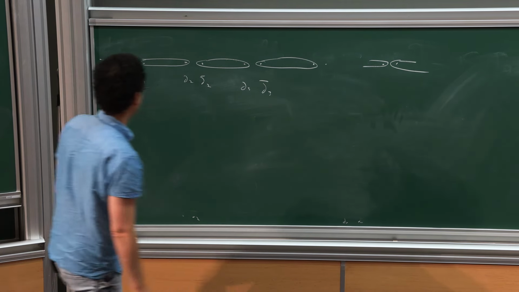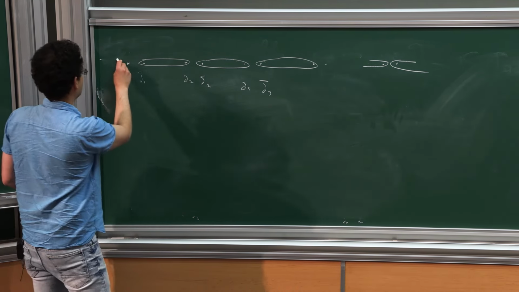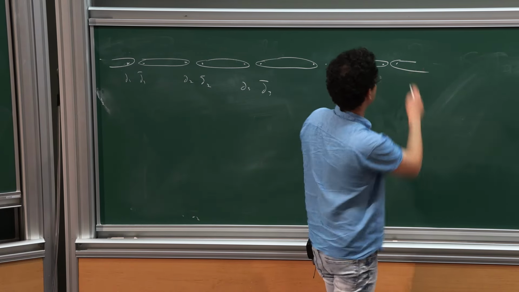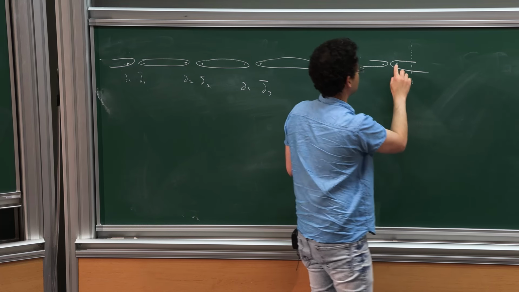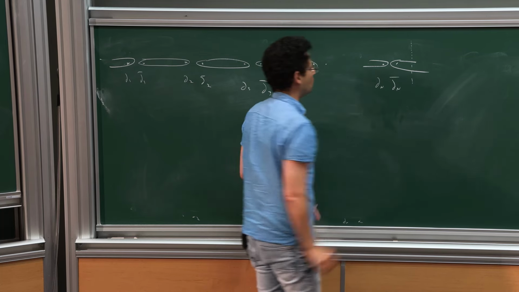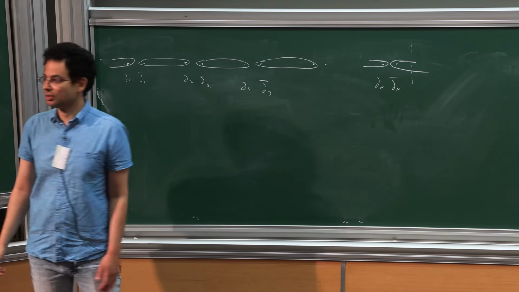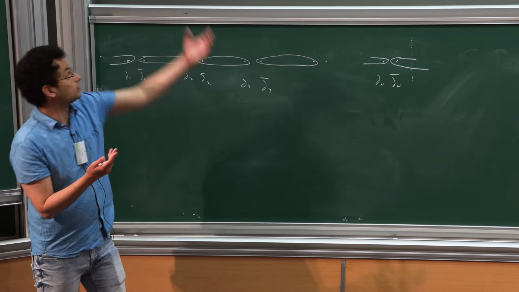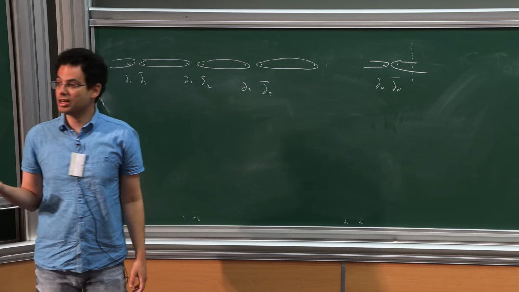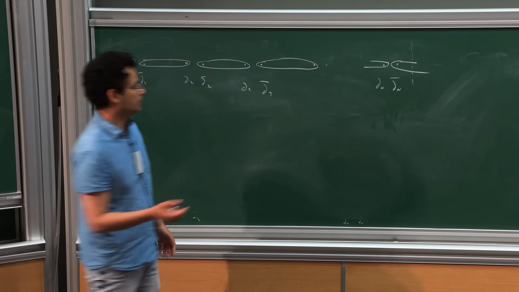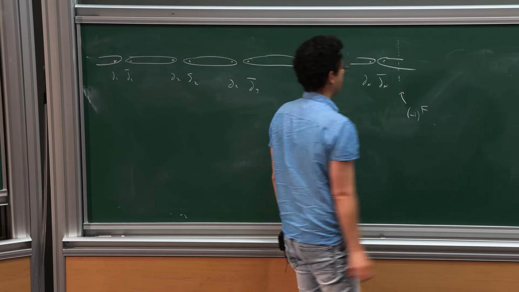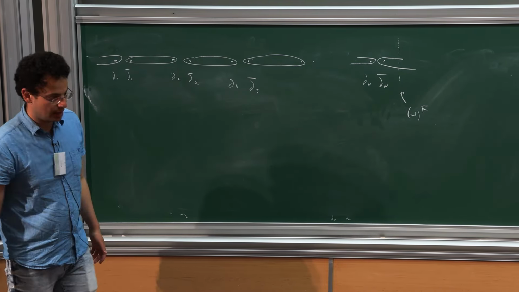Let's thread this flux. Let's put a twist defect between sites n and site 1. Okay? Twist defect of what, right? It has to do with the twist defect of a symmetry. Well, in this Kitaev chain, the only symmetry we have in the game is the fermion parity. So we're going to put a twist defect of the fermion parity at this location.